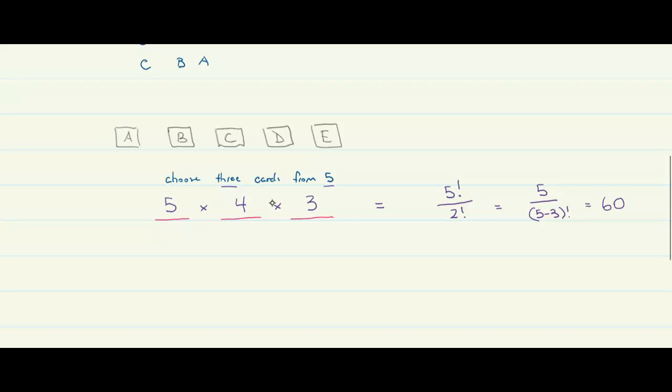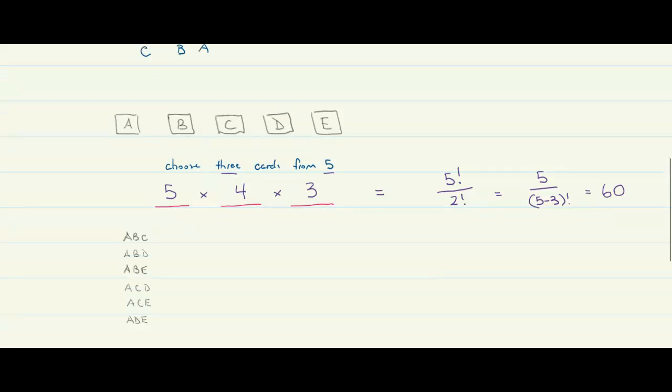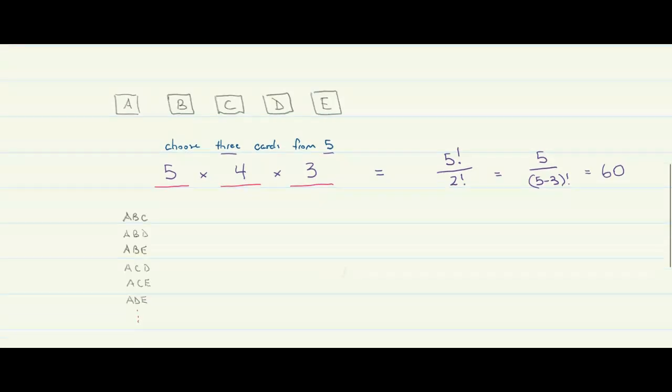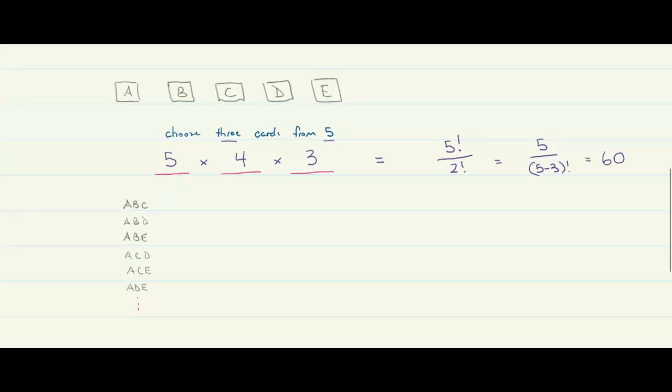If we wanted to take one of these, I've started here to list out some of the 60, the first 6 of the 60 permutations that I could produce. Let's just extract one of these, the ABC.